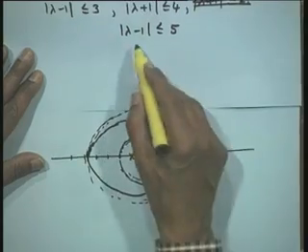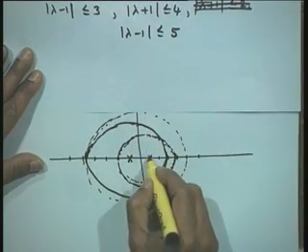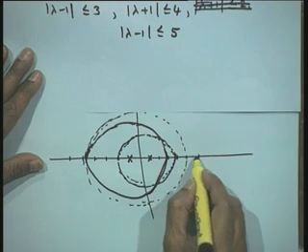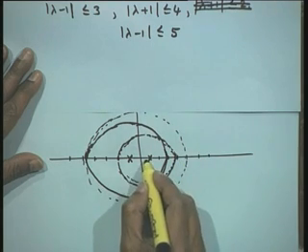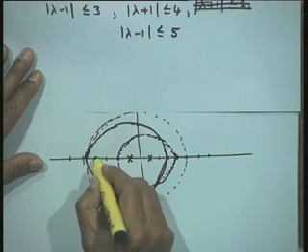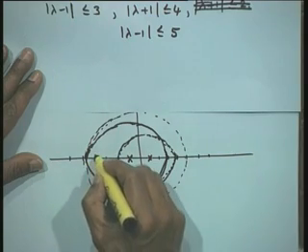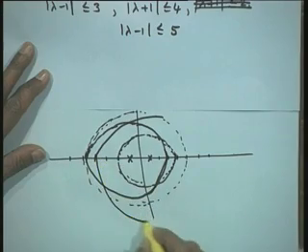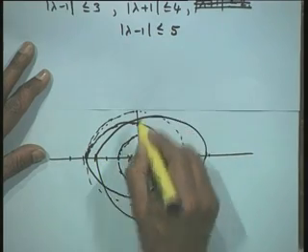And finally, center at 1, radius 5. So, this is 6 and through this. This is a huge circle that comes like this.